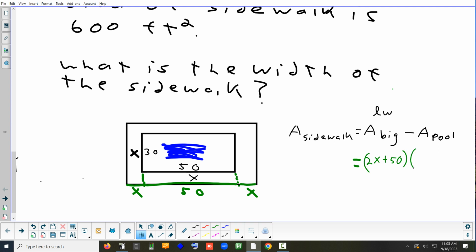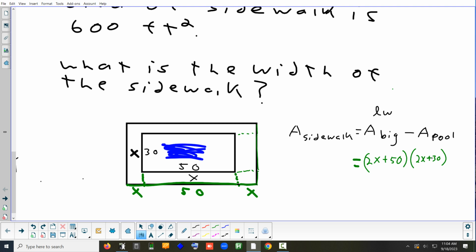Now doing kind of the same thing, anyone think they could tell me the width of that, and that? Yeah. It would be 30 plus 2x. I'm just going to write it the same way, 2x plus 30. And there's the area of the big rectangle. The length is 50 plus 2x, and the width is 30 plus 2x.